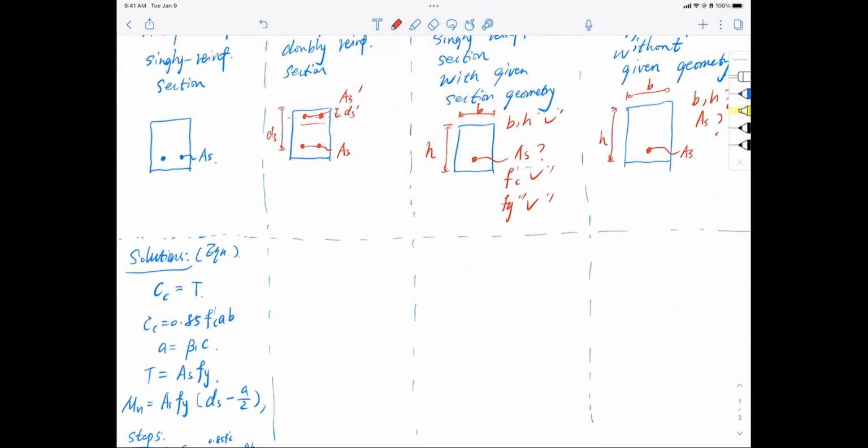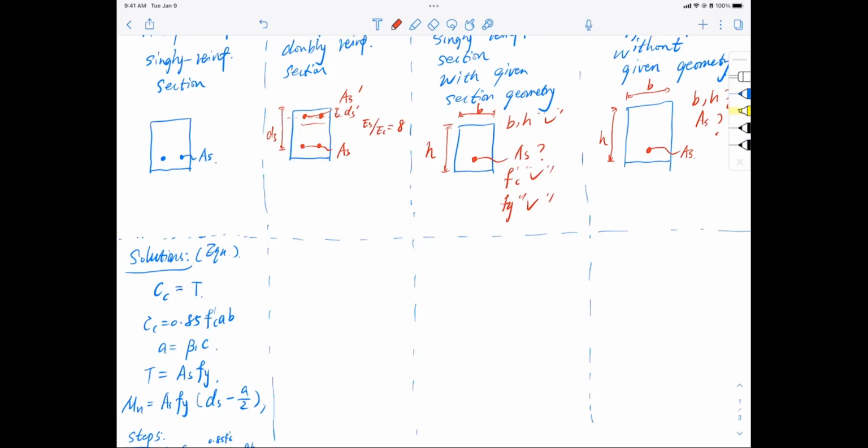And several things you have to remember, right? First of all, Es, the modulus of elasticity of steel, over Ec, the modulus of concrete, is approximately 8 times. So when you add more reinforcement, you add a lot of compression force.